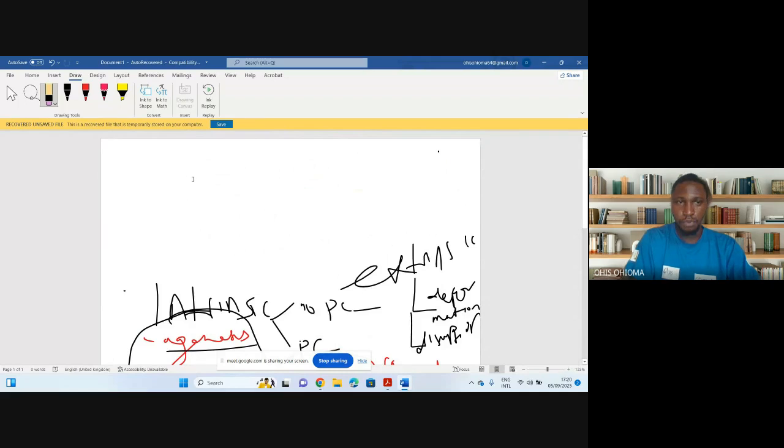So this is the fetal part. This is the maternal part. Now, this is the feed-up aspect of the placenta.